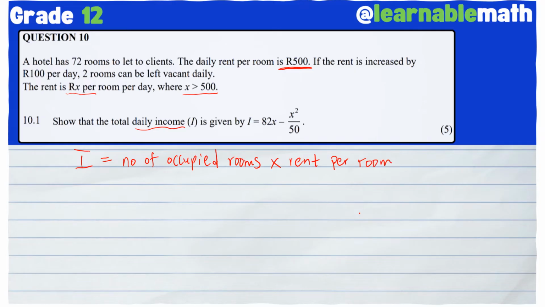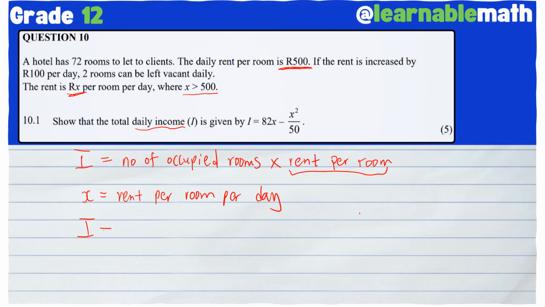We already have an expression of the rent per room. It's given in your question here that the rent is x rand per room per day. So we do know that x is equal to the rent per room per day.